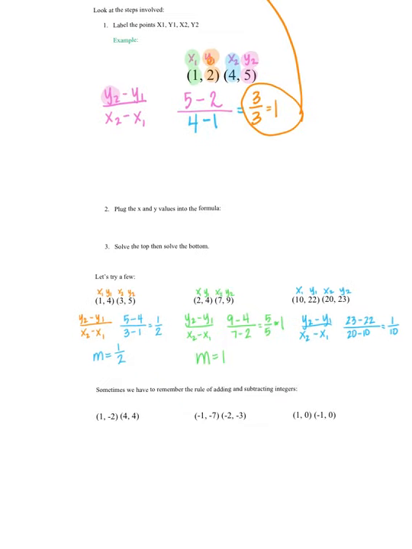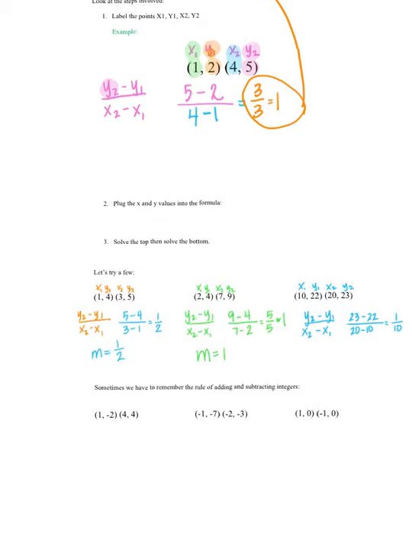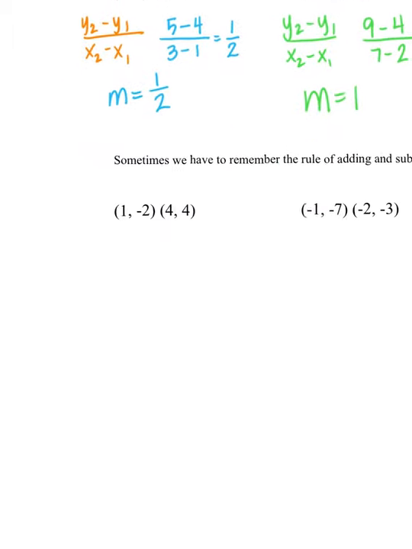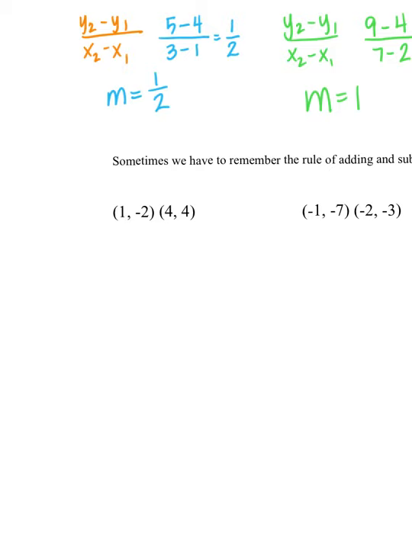Okay, so that's when we have positive X1s, Y1s, X2s, and Y2s. Things get a little bit tricky when we throw in a negative. So let's look at this one. So let's go ahead and label X1, Y1, X2, Y2. Y2 minus Y1 over X2 minus X1.